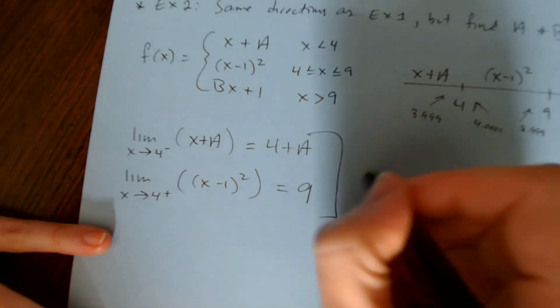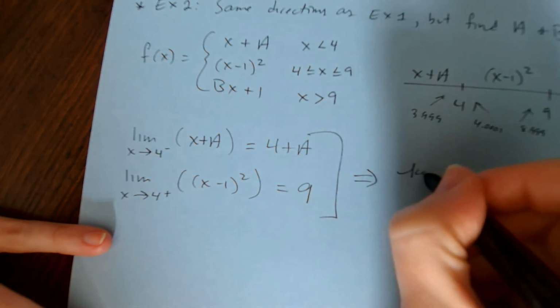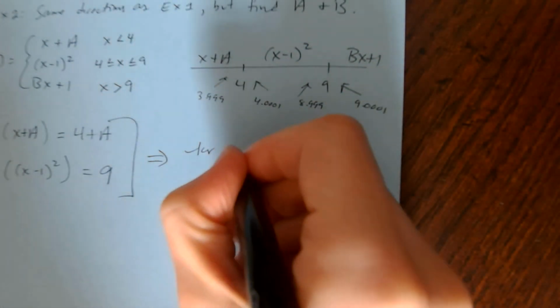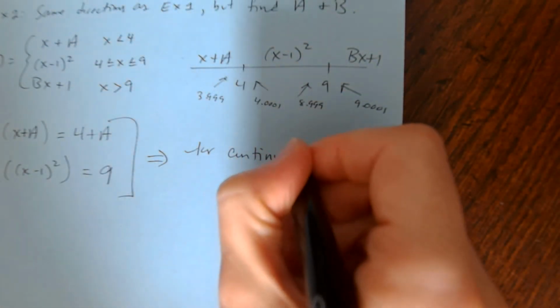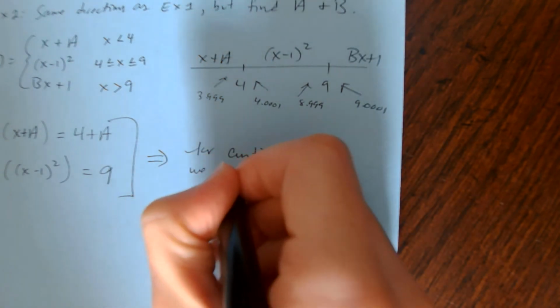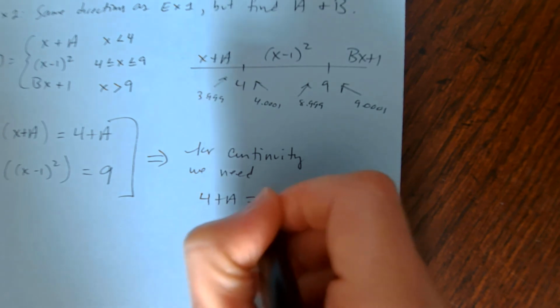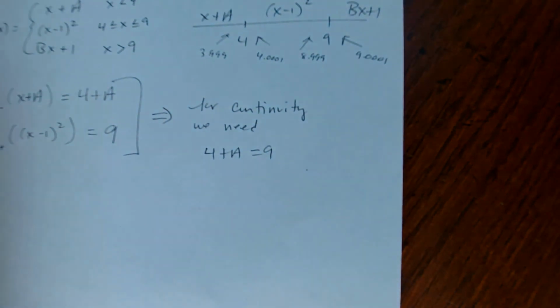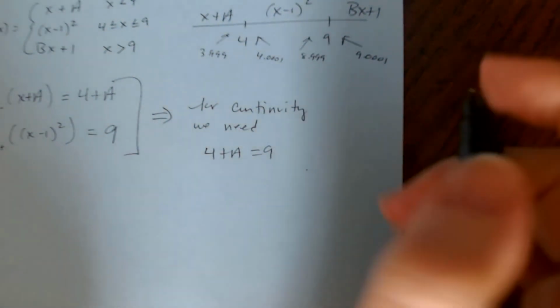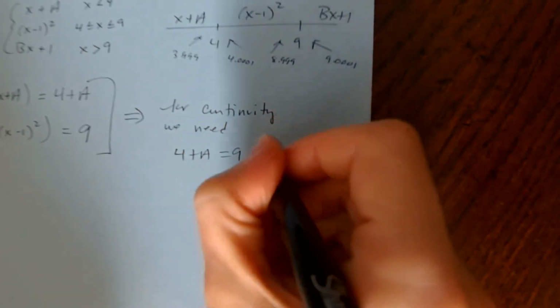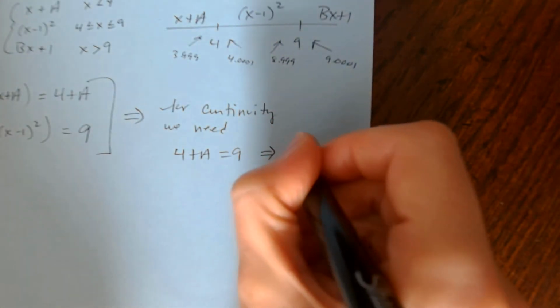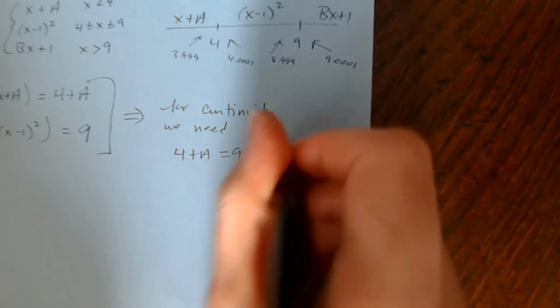For continuity, we need 4 plus a to equal 9. So we've got a equal to 5. Well, that wasn't too bad.